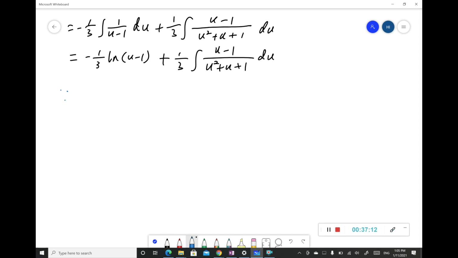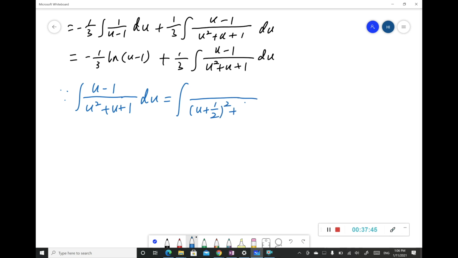We could separately calculate the integration of u minus 1 divided by u squared plus u plus 1 du. If we could calculate this out, we solve this problem. It can be written as u plus 1 divided by 2 squared plus 3 divided by 4, u minus 1 du.